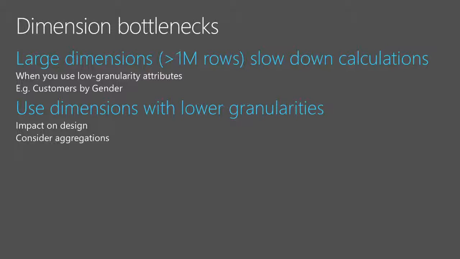Life is good because we don't have a problem with tabular. In the United States, medium companies, especially in healthcare, have 10, 20, 30 million customers. And this is a problem because when you have a large dimension, which means a relationship between two tables that has more than 1 million unique values, you may start to have some problems.